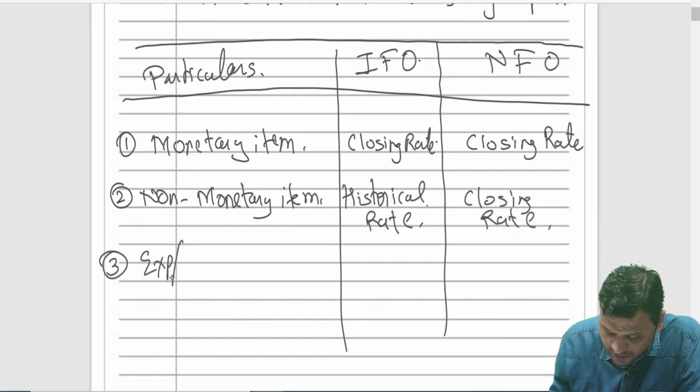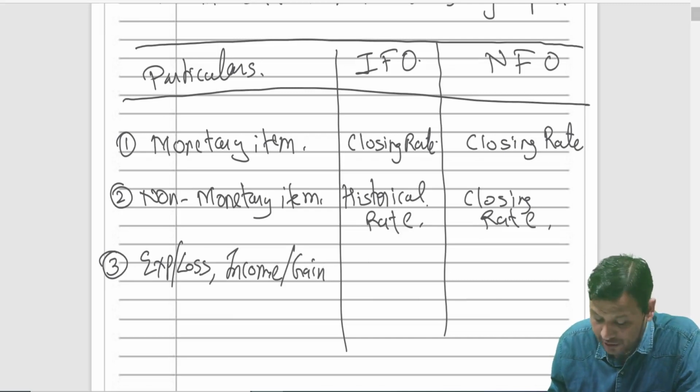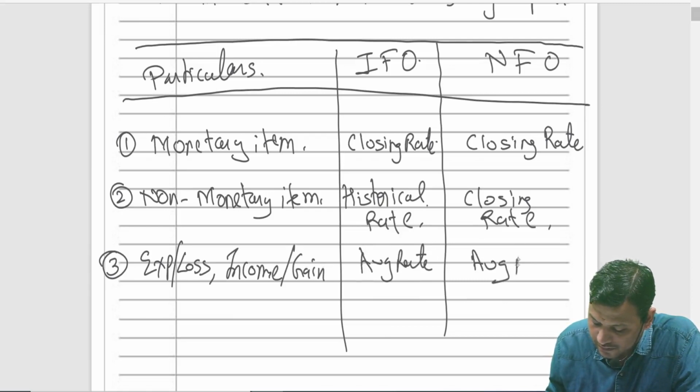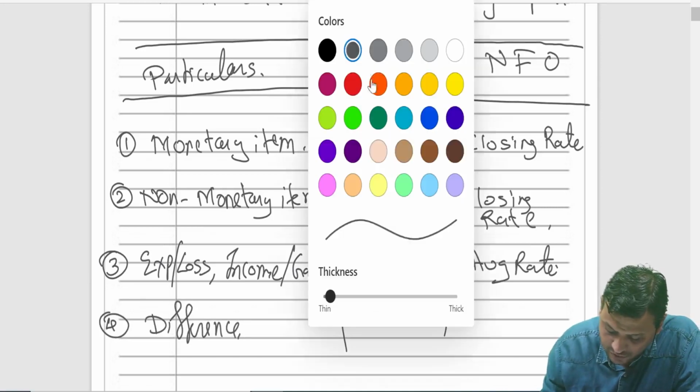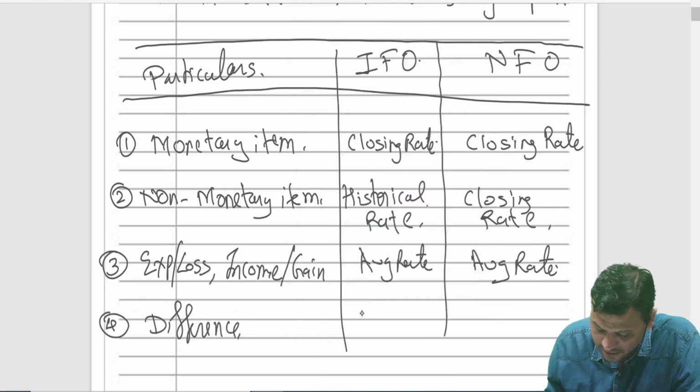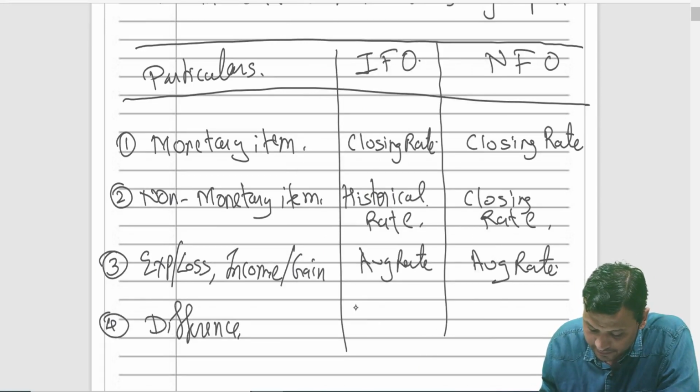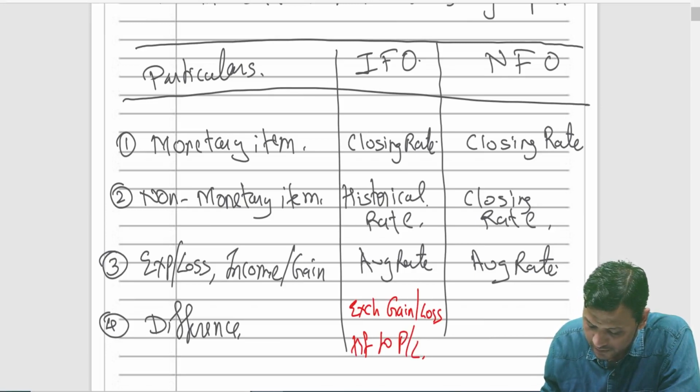For items of expense, loss, income, gain, it is basically the actual rate, but for convenience we can use the average rate. And whatever difference arises due to translation, for IFO that should be exchange gain or loss, transferred to profit or loss.